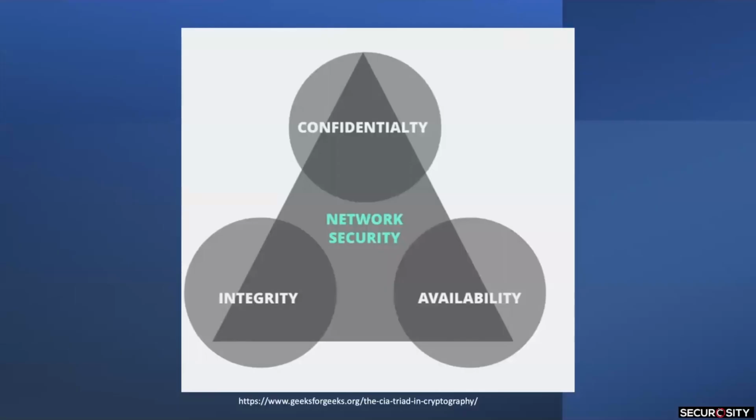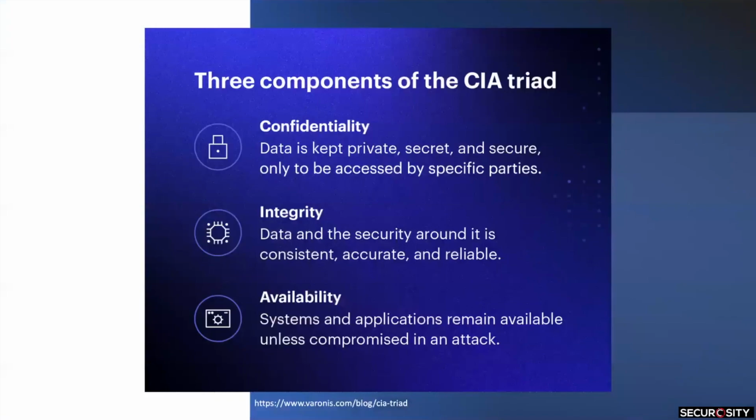It's a security model that is built around the principles of confidentiality, integrity, and availability, and it's designed to guide an organization to establish information programs, security development, security infrastructure, including the support of data classification and data security that we talked about. At a high level, confidentiality is about keeping the data private, secret, and secure.